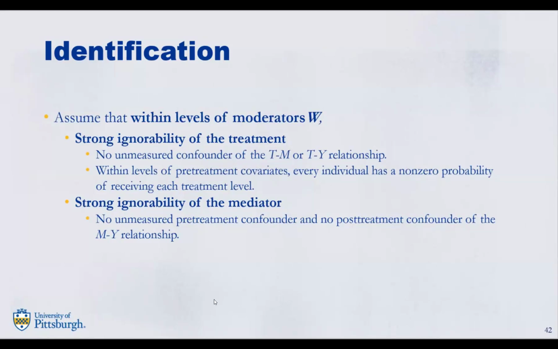In our example, one's willingness to get a job may be affected by the treatment, which further confounds the relationship between the mediator and outcome. This will become a post-treatment confounder. But in this case, we have to assume that there's no such post-treatment confounder.